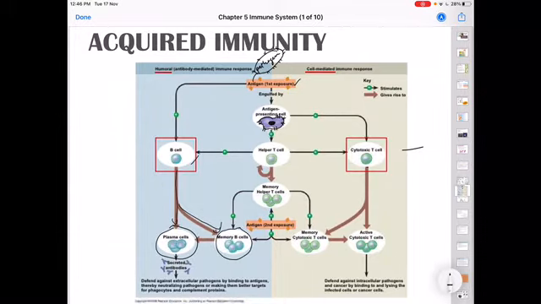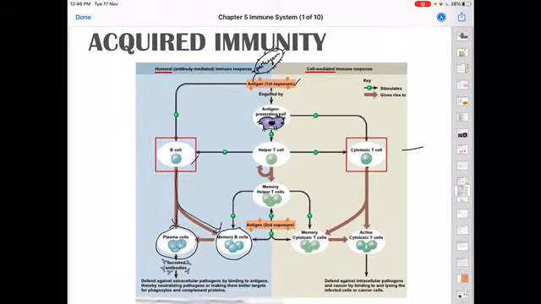Yang kedua ialah memory B cell. Plasma cell will secrete antibodies. Sel yang akan menghasilkan antibody ialah plasma cell, bukan memory B cell, ya. Plasma cell yang akan menghasilkan antibodies, and then antibodies akan pergi bind dengan antigen pada pathogen tersebut, and then dia akan lyse-kan, dia akan membunuh, menghancurkan.